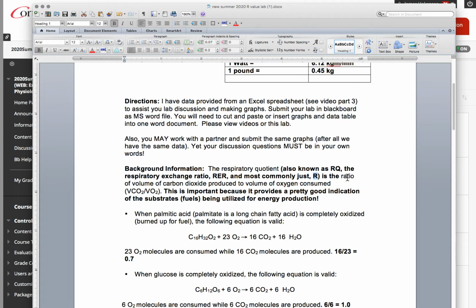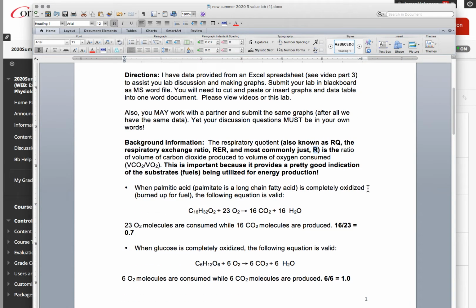And the calculation that you will do in this lab is simply a ratio. It's the ratio of the volume of CO2 produced. So as someone is exercising, how much CO2 is coming out divided by how much oxygen is coming in.